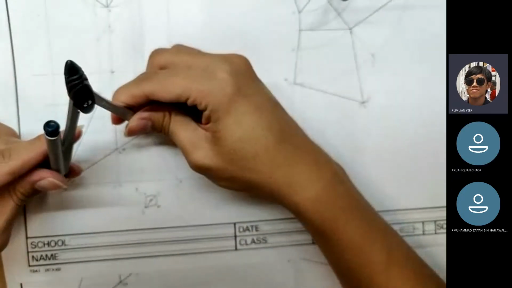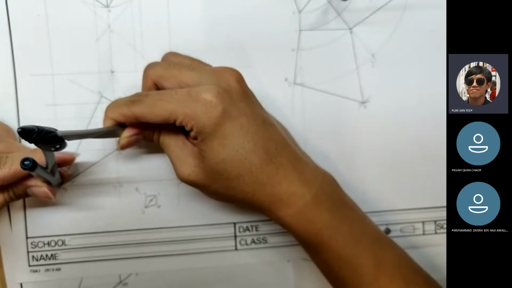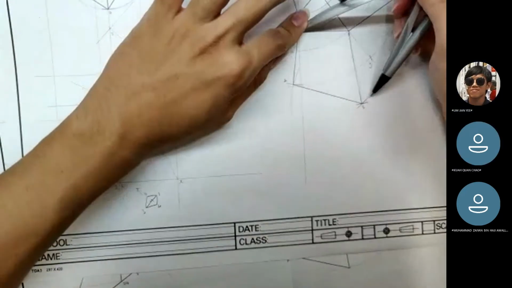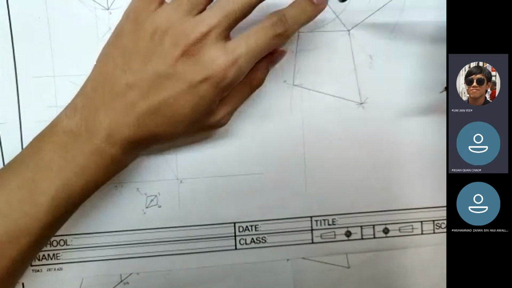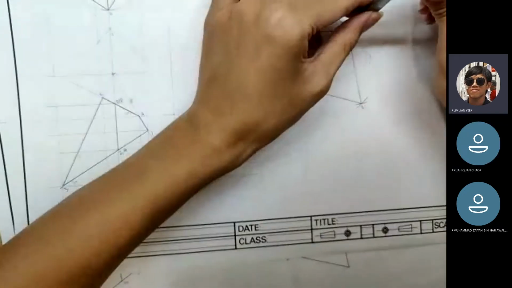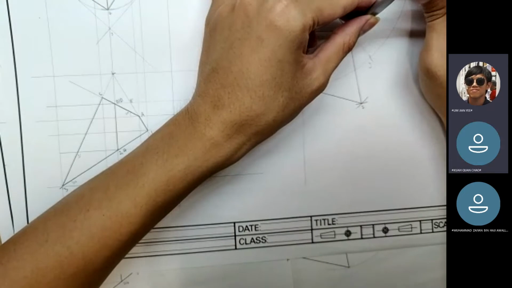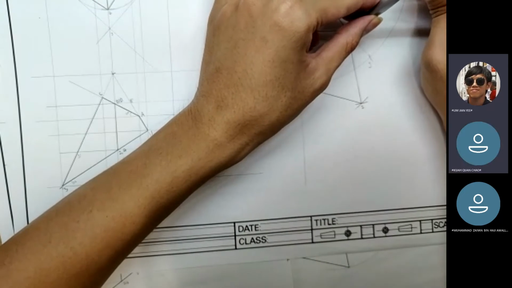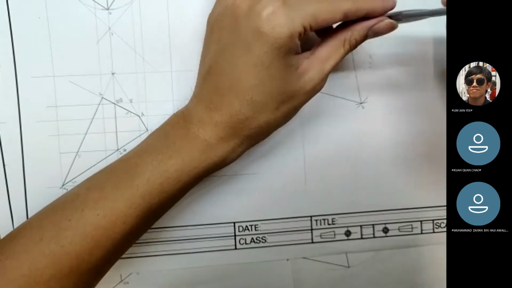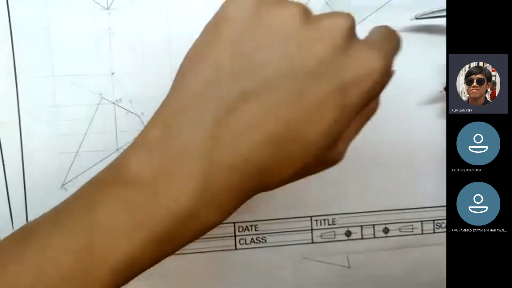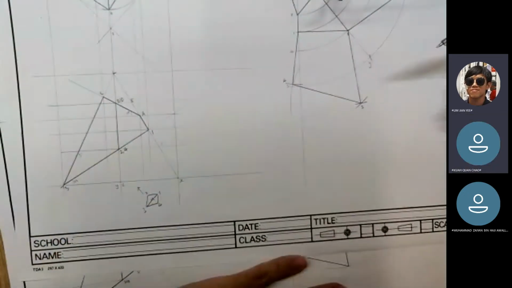It's a true shape. So if you can get 1, 3, which is a true shape, and you plot it here, then all you need is take 2 and 3. Distance between 2 and 3, and you mark it out too. So you find out the point of 2 to 3.